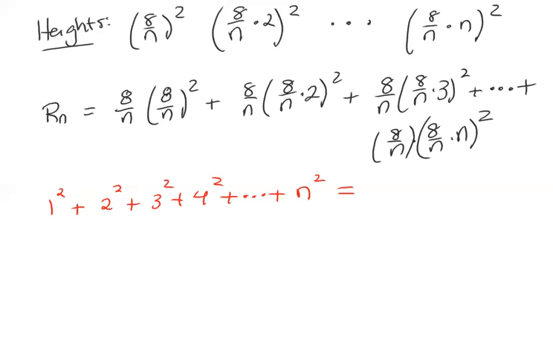I can find that sum by taking that number n times n plus 1 times 2n plus 1 over 6. I don't expect you to have known that prior to this. I don't expect you to know it for tests, but it's helpful for this particular problem. If you take discrete math later on in your college career, you might see that particular equation come up.